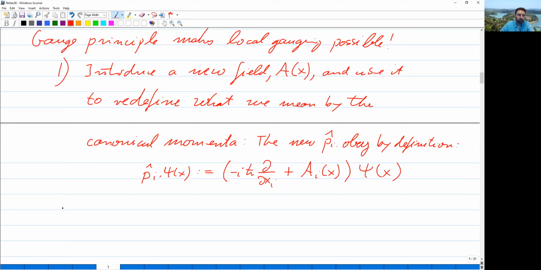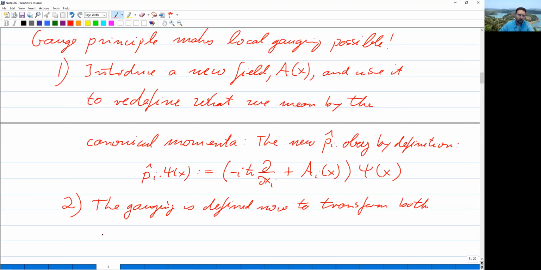So what are we going to do with this new term? Instead of just having it hang around, the second step in the gauge principle is to say that the gauging is defined now to transform both psi of x and also A of x.